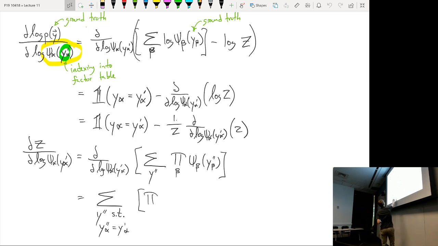And this whole product term is going to be constant with respect to the value of alpha, or the value of the potential function that we're concerned with. And the value that we really care about is only going to show up in our second term here.